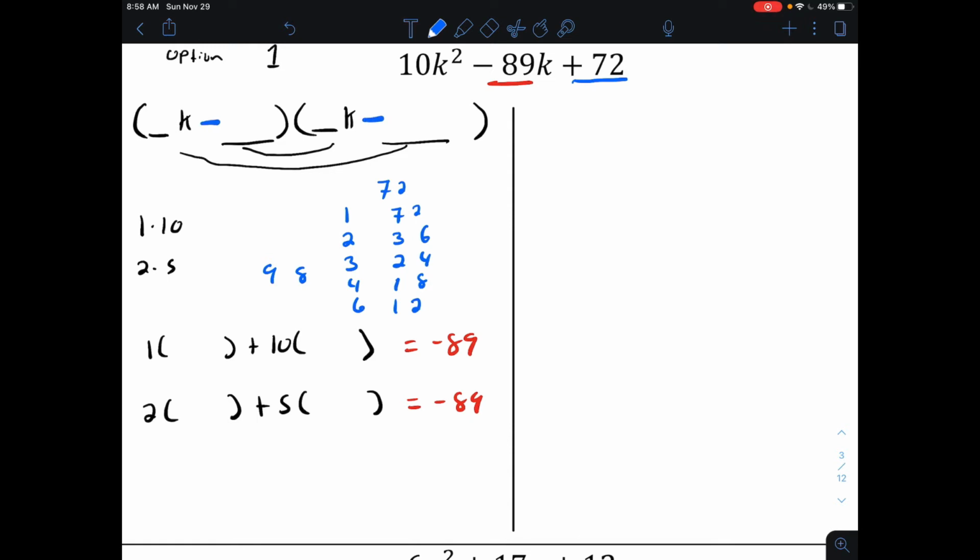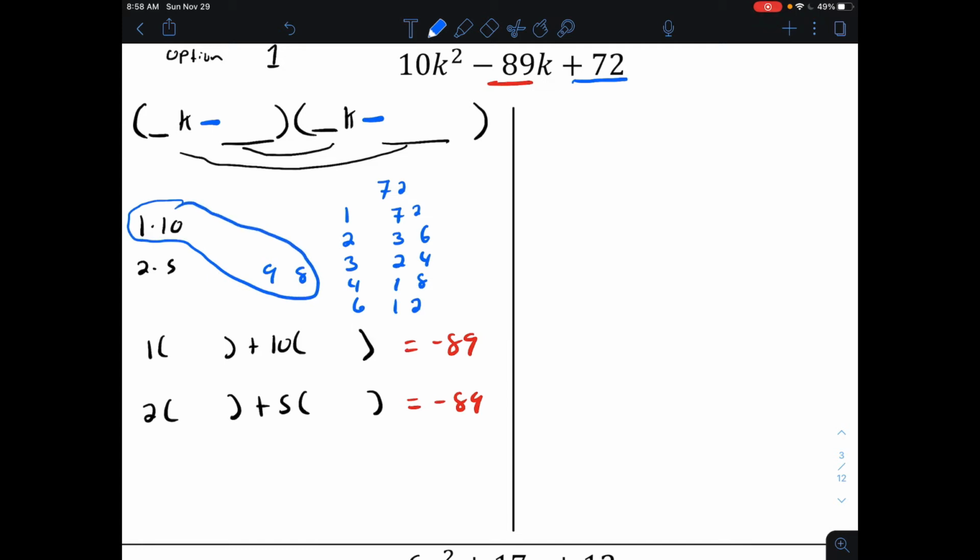And so you have to guess and check all of these pairs of numbers into those sets of parentheses and see which pair would work. And what you're going to find through the process of guessing and checking is that the pairs 1 and 10 and 9 and 8 will make negative 89.